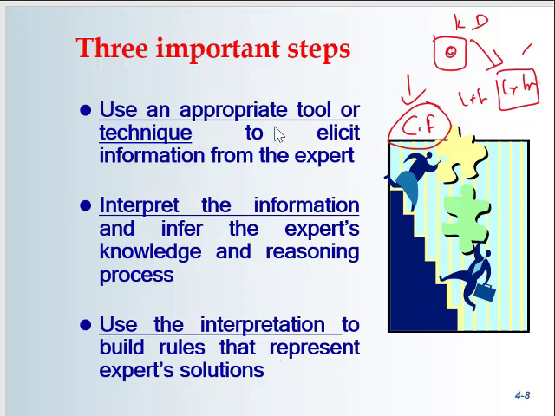So you use the tools, you interpret whatever the expert has, and from that you build the rules that represent the expert's thought process, solution, or expertise. Those rules are actually the codification, right?